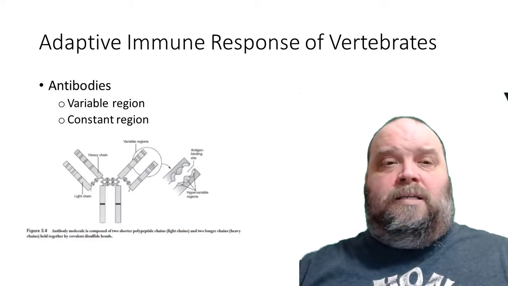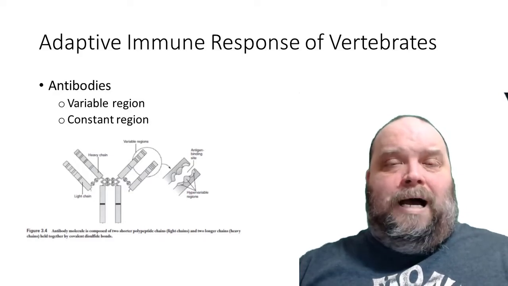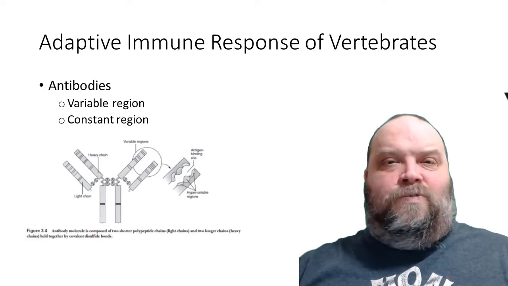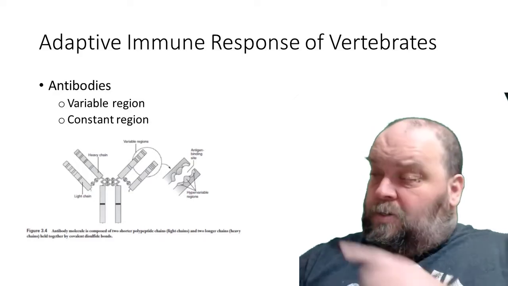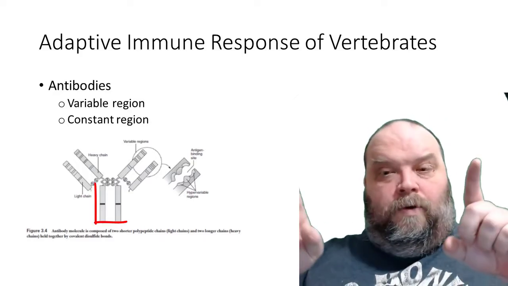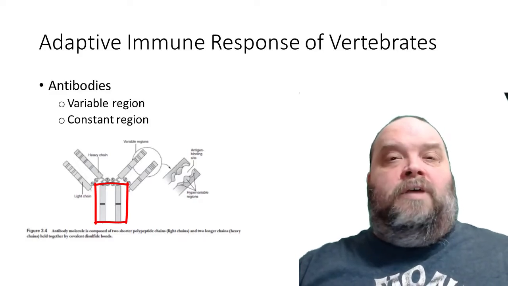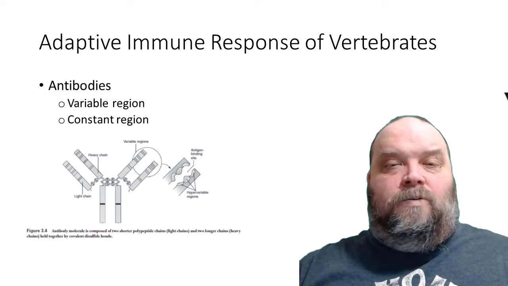It can't bind, and that's the job of antibodies, is to bind and neutralize, bind and opsonize, bind and aid in uptake by macrophages, neutrophils, or any phagocytic cell. You'll also notice at the bottom of the Y, from the base of the Y arms down to the bottom, this is called the constant region. The constant region doesn't change.